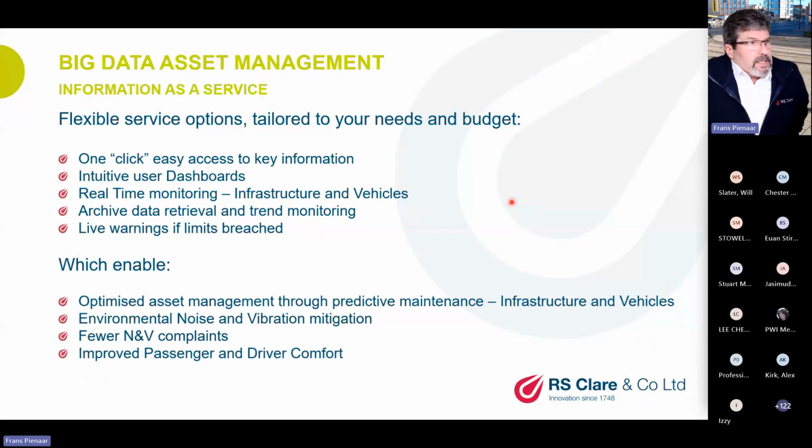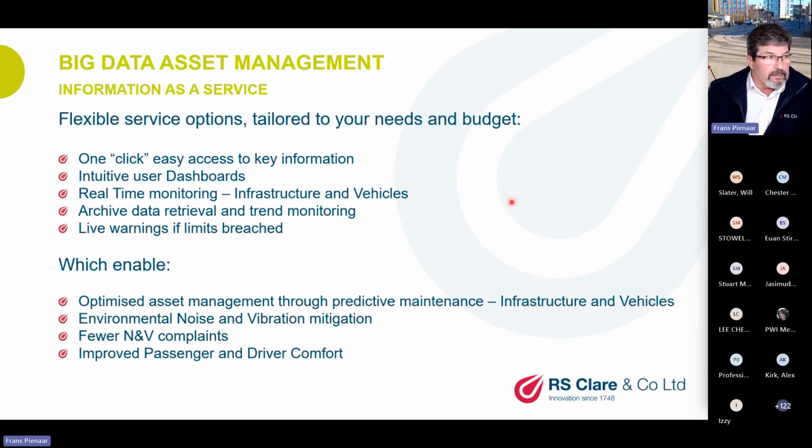So, big data assessment and management. What does it bring to you? As a service, we can bring all of this information in, and it makes it easy to determine what the issues or the root cause is before you put a solution down.